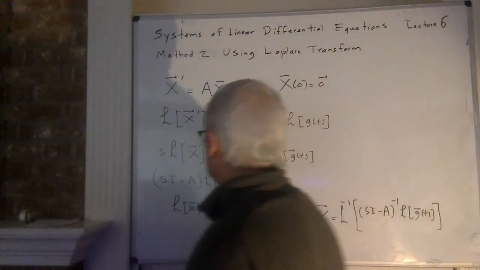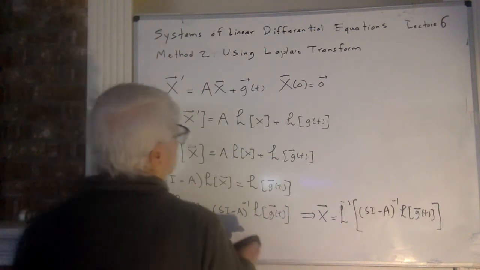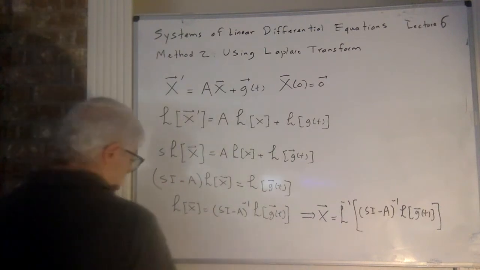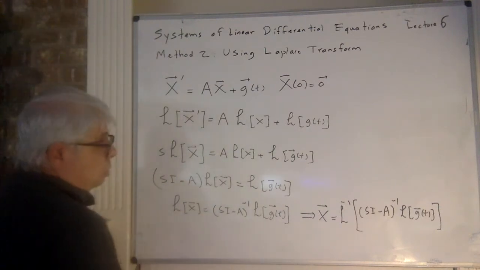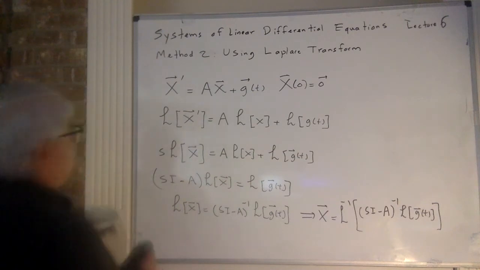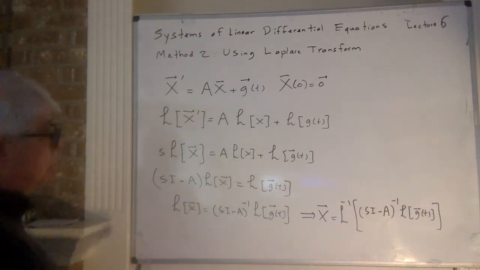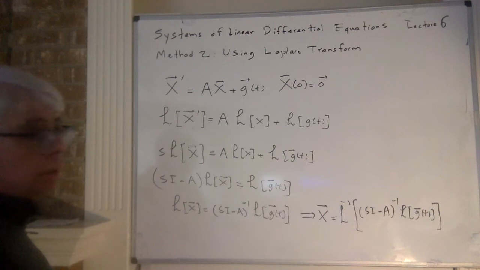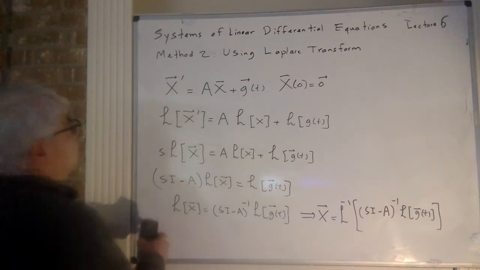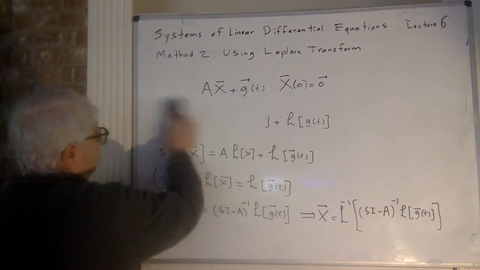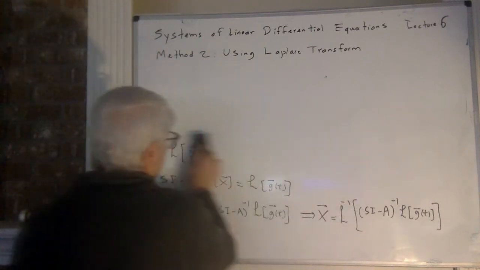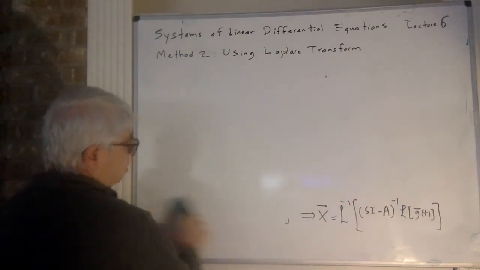Okay, so example. That is the solution when you use Laplace. And I started here and here, right? So it's just almost 3 lines, not steps. Well, you might say, gee, that is not easy to find Laplace inverse here.